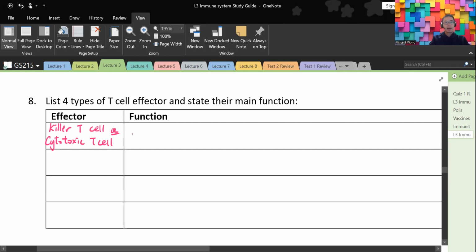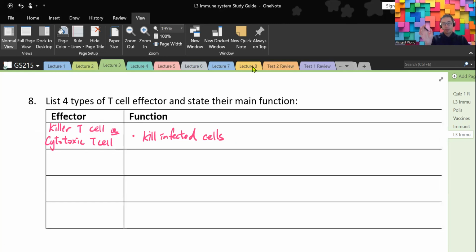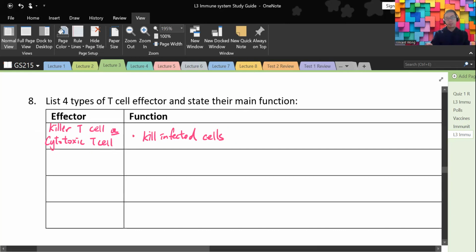As the name implies, they are toxic to cells, and their function is to kill infected cells by creating holes in them. They use a chemical, perforin, that will put holes in them. That's in your PowerPoint slide.